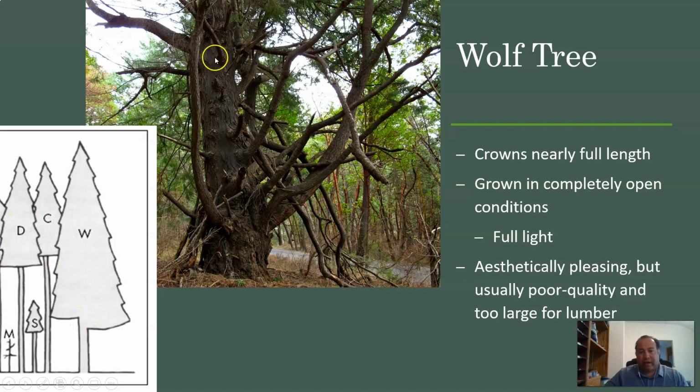But this wolf tree, with all these branches and twigs going all the way to the ground, is not going to produce nice straight boards of lumber for us. The other thing about it is, too, these trees don't have to try as hard because they're in full light, so they're not going to grow tall. A lot of wolf trees will grow a little bit fatter than they will trying to still win that race to the sun.